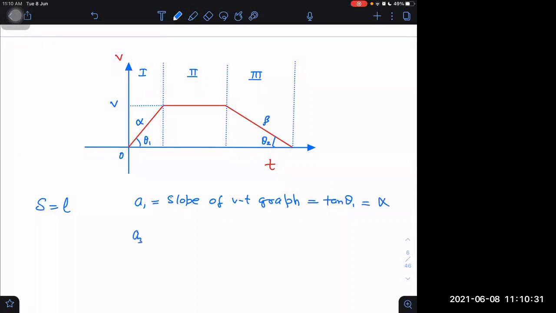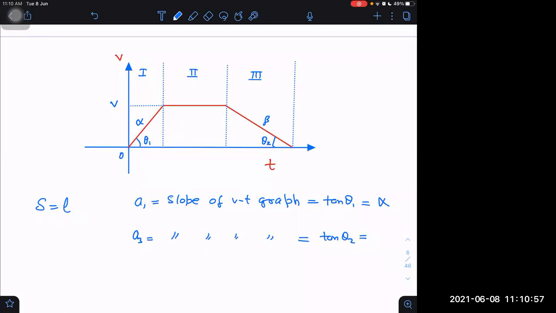And A3 for the third interval, again the slope of the VT graph, although it is retardation, and we can see that the speed is decreasing because as we increase the time, the speed is decreasing with time. But we can just write it as tan of theta 2 magnitude wise. Sir, that slope angle we have to take in anti-clockwise direction or clockwise direction?